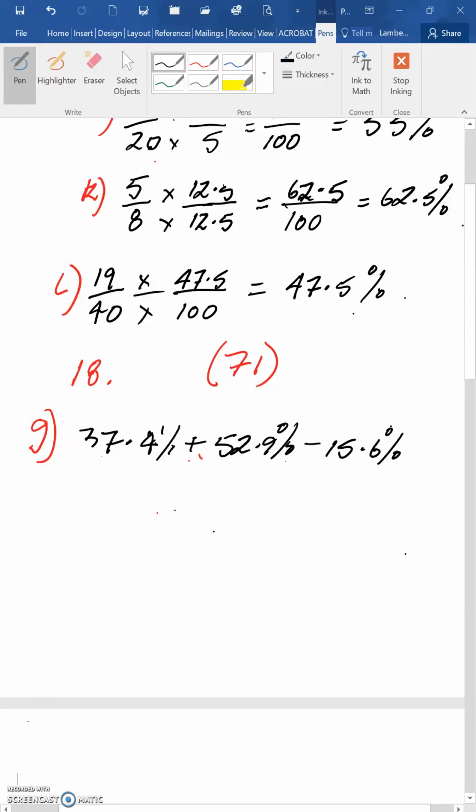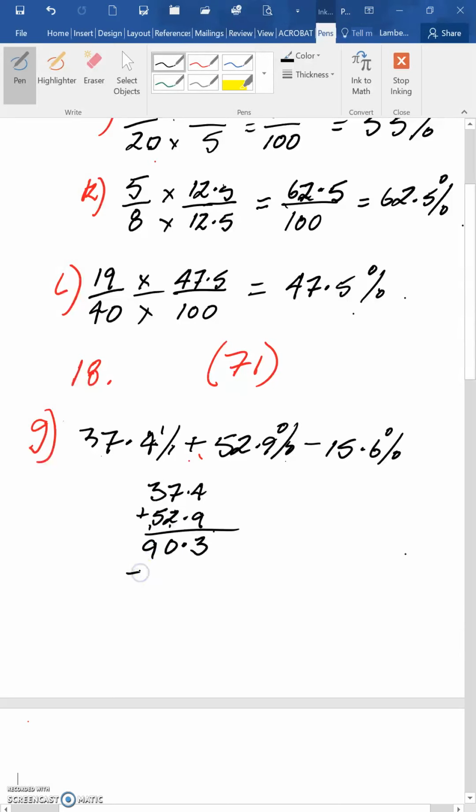So we can just add them as a normal set of numbers, 37.4 plus 52.9. Okay, decimal point down, 9 and 4 is 13. Carry the 1, 3 and 7 is 10. Carry the 1, 6 and 3 is 9.